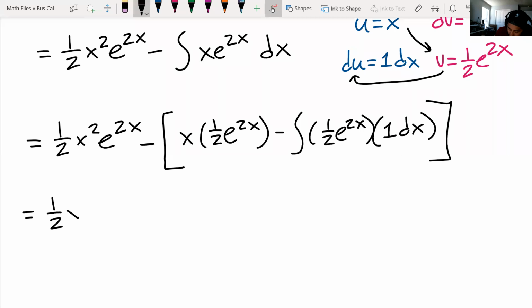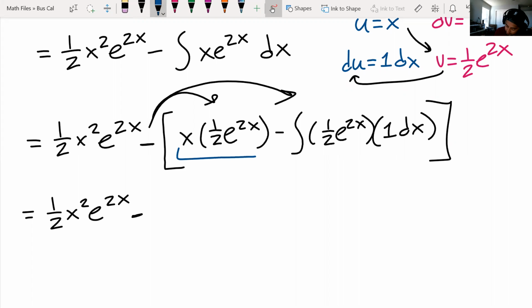So this term stays the same. We distribute that negative to both terms. And for this term, I'm going to put that 1/2 in front.